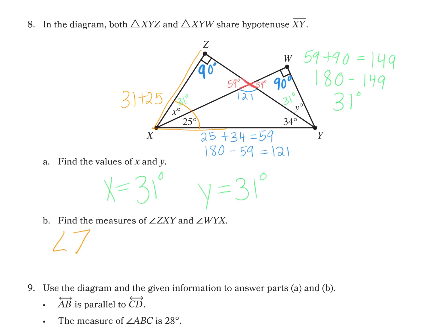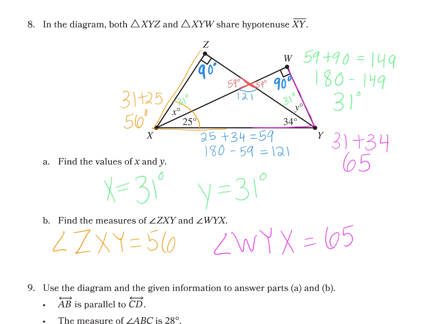So angle ZXY is 56. And then WYX is what? What do we get when we add 31 plus 34? 65. Are there any questions on that one?